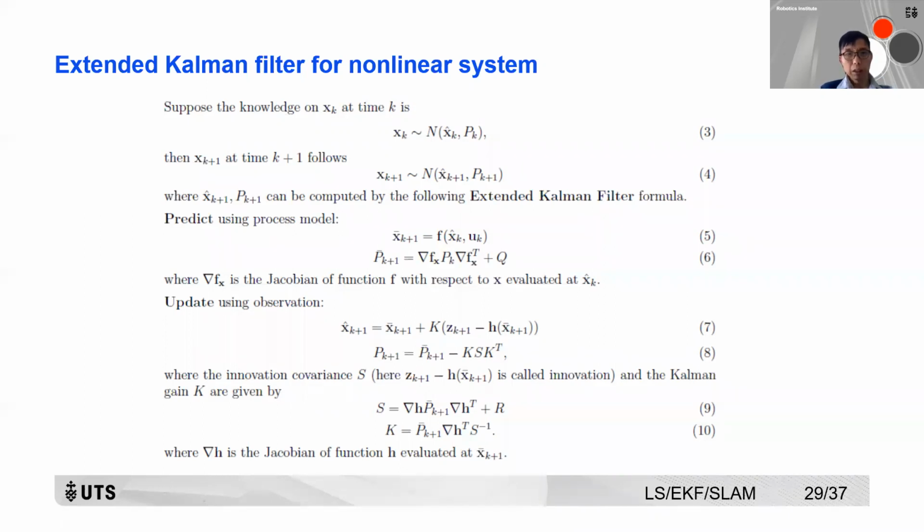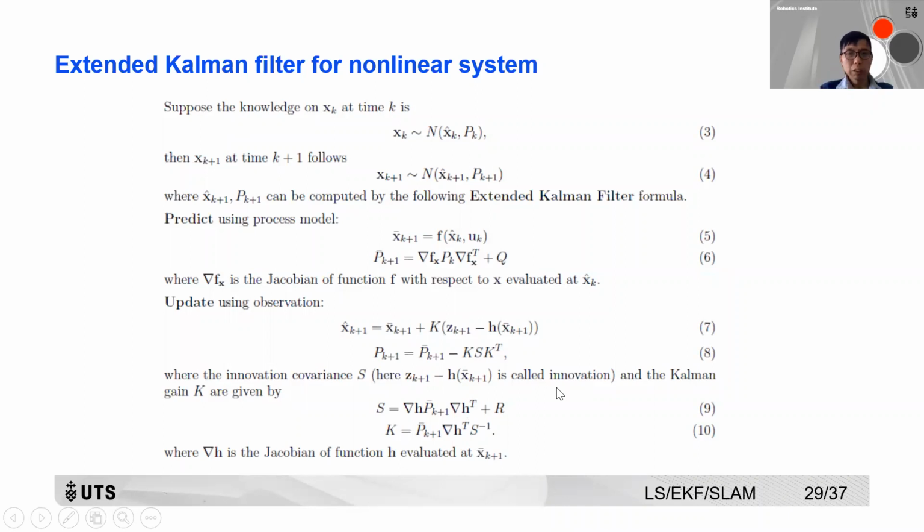And if the innovation is smaller than, say, a 2 sigma bound or some threshold depending on the innovation covariance, then you can say this is the correct measurement for this feature. One typical method is called the nearest neighbor method. You calculate the innovation and compare with the gates, and the smallest one is the matched feature. So that's one way to do data association.